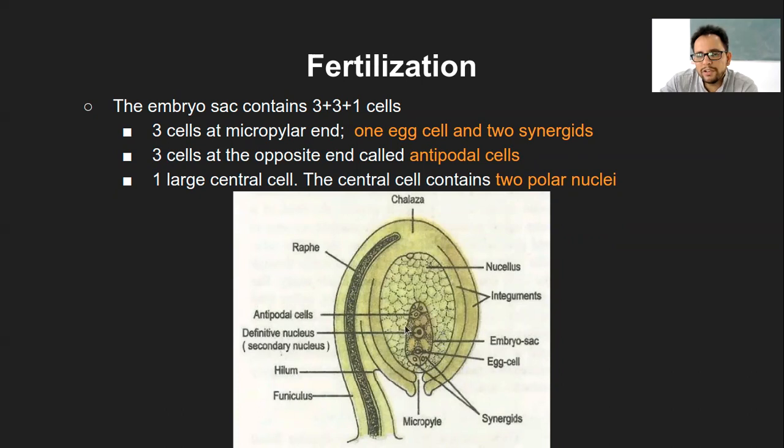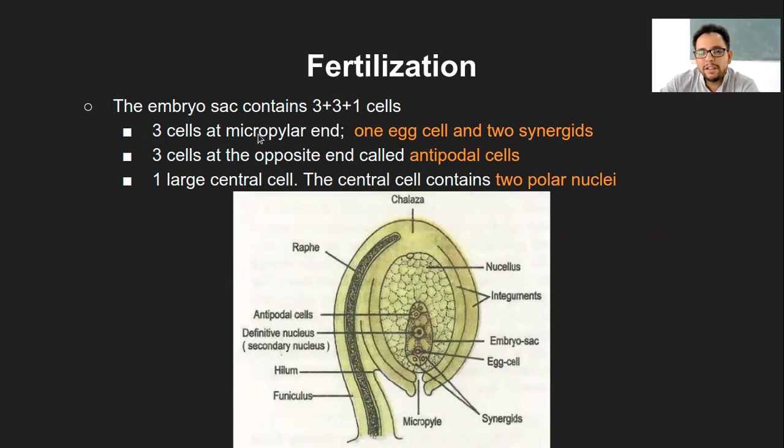This whole oval shape is called the embryo sac. Now this embryo sac specifically consists of 7 cells. These 7 cells are present like 3 plus 3 plus 1, within the embryo sac.